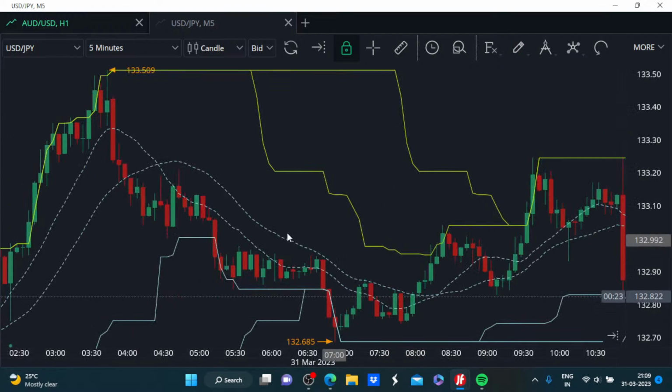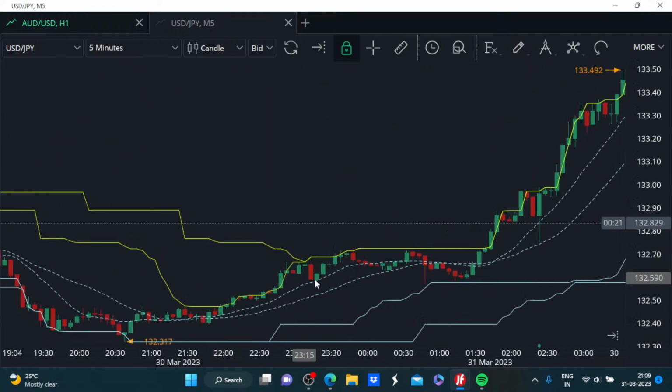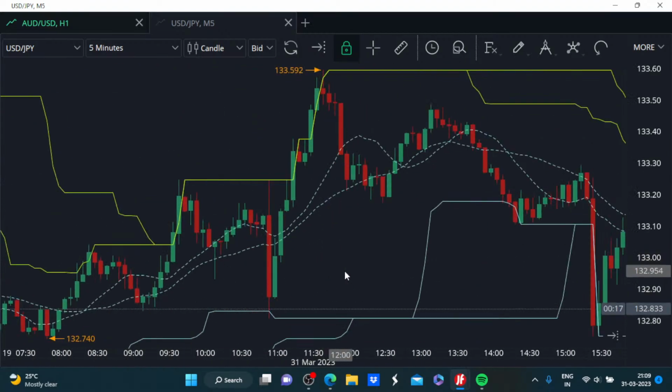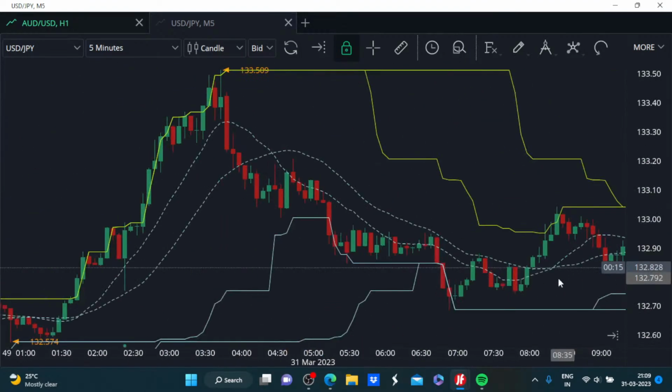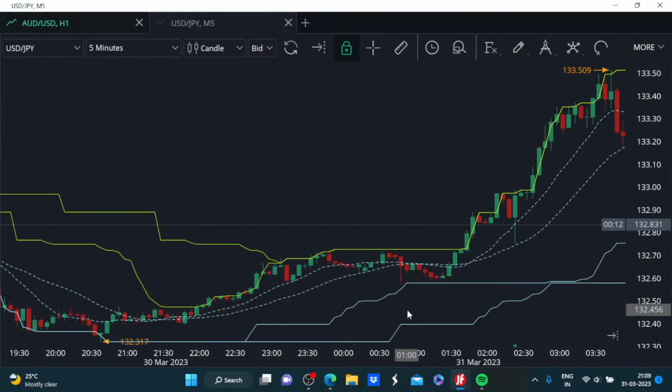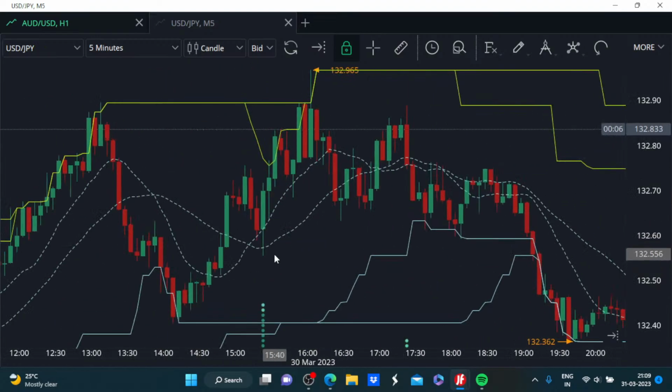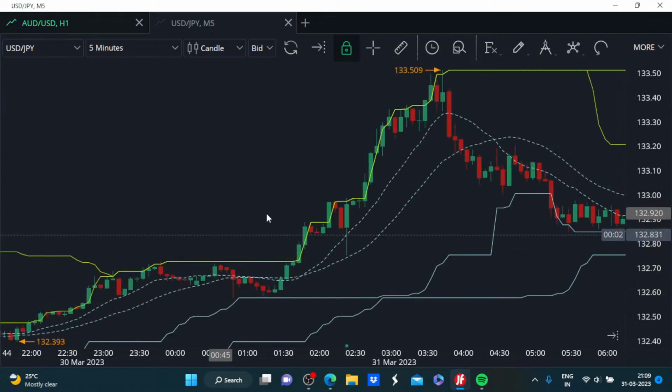If we consider the USD JPY's charting from earlier in the Asian trading session to now, all the way to the North American trading session, here you can see that it has been hovering closer to the 133 level. In yesterday's session, I had talked about the possibility of USD JPY going towards 133 and eventually even beyond that.